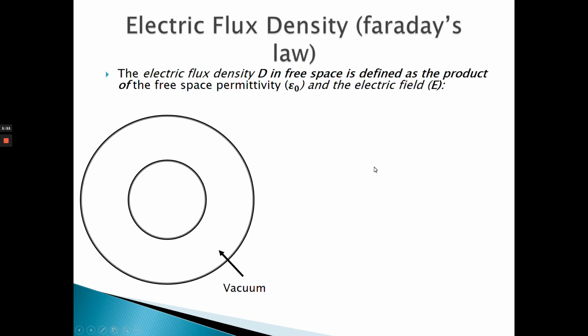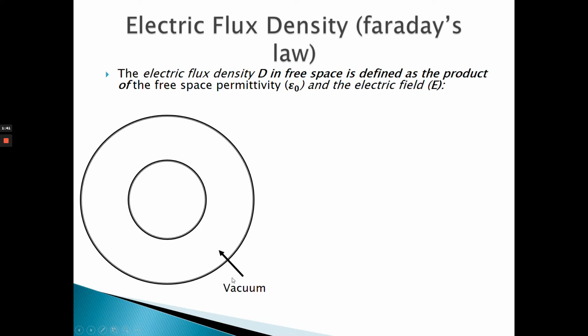This actually comes from Faraday's law, where Faraday made an experiment in which he took two spheres of different sizes and put one inside the other. The smaller sphere is inside a bigger sphere, and there is a gap between them, which is vacuum. There is nothing there, so we call it free space.